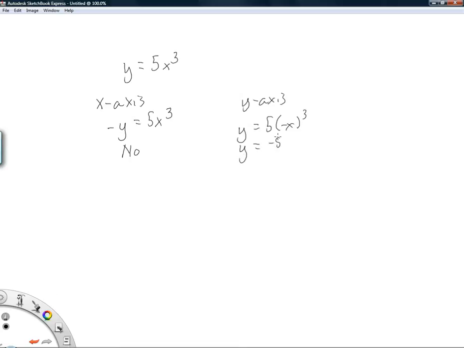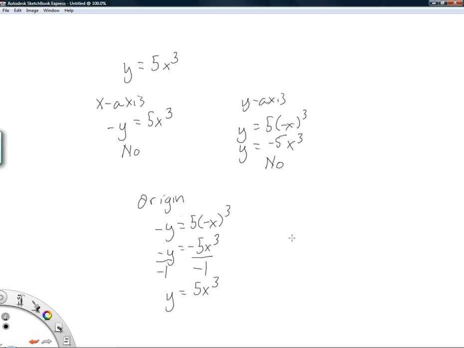Simplification, not the same, so this is a no as well. And then origin: opposite of y, opposite of x. And again, cubing a negative 1 is a negative 1. That's why there's a negative here. If I divide both sides by negative 1, or multiply by negative 1 for that matter, we indeed get back to the original. So once again, this is surprising for many.